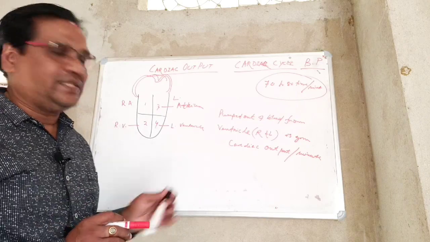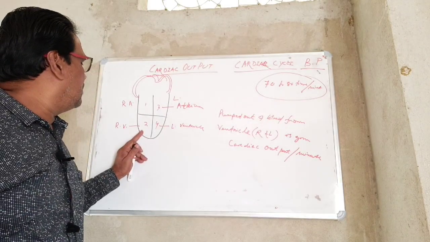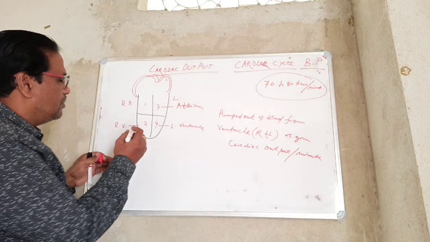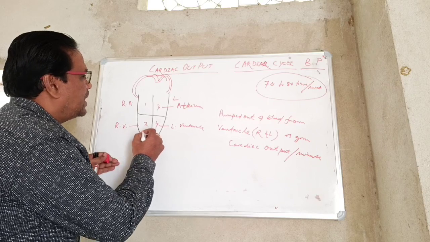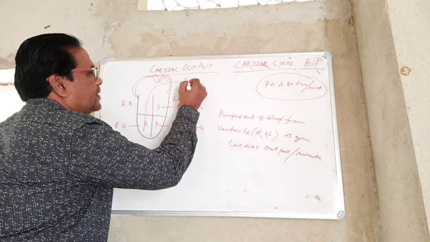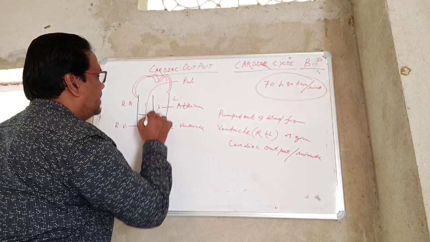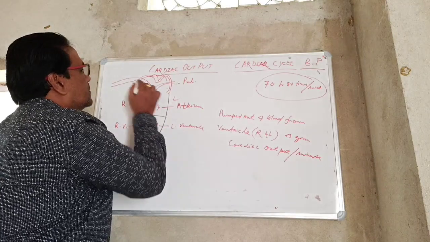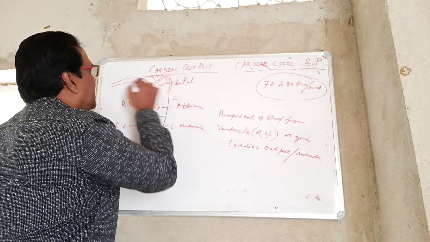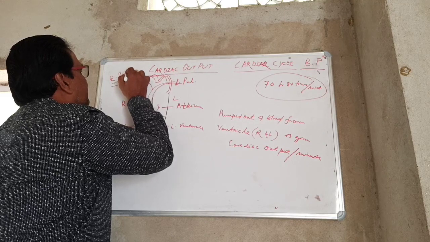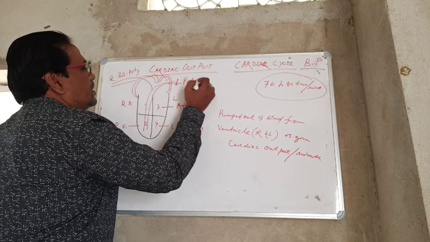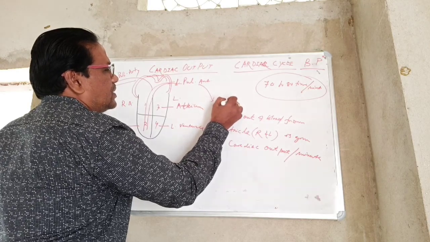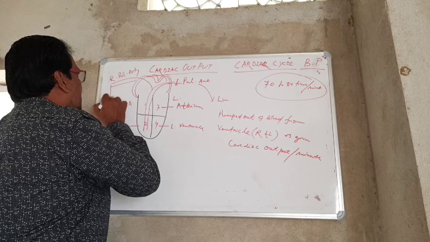So this can be measured. This is the right ventricle and this is the left ventricle. From the right ventricle, blood goes towards the pulmonary artery, the left and right pulmonary arteries, towards the left and right lungs.